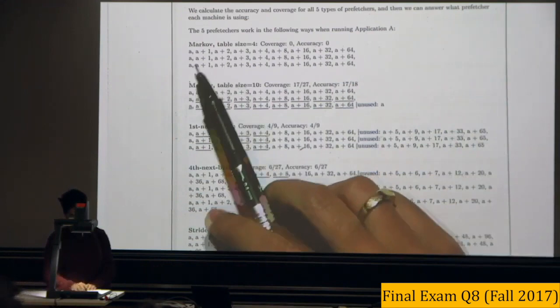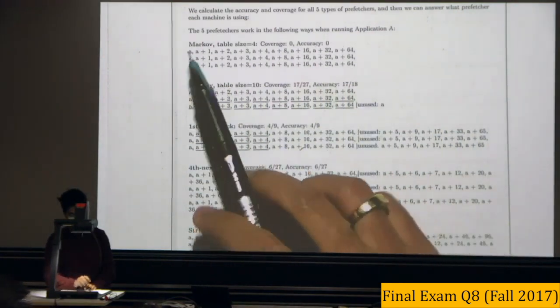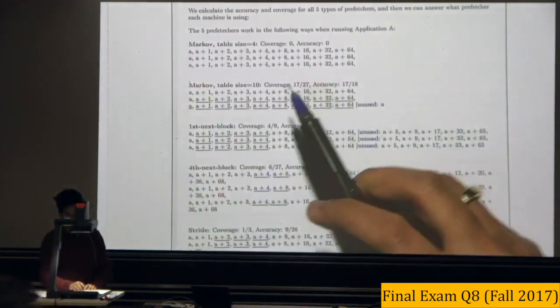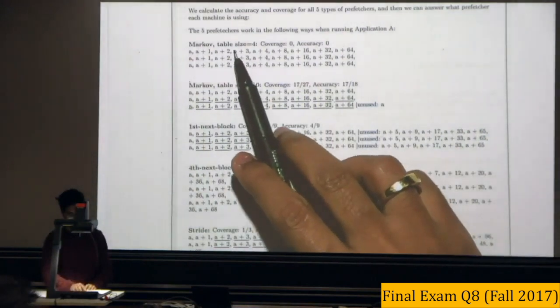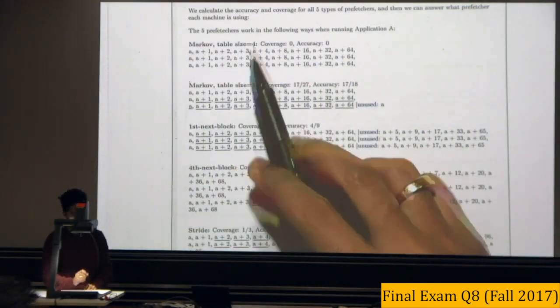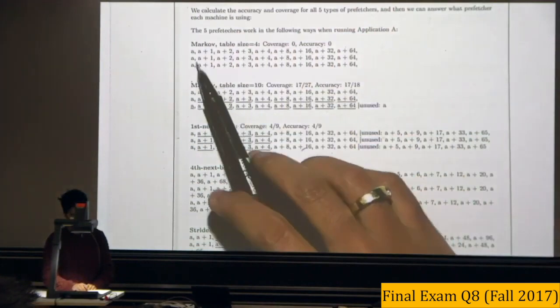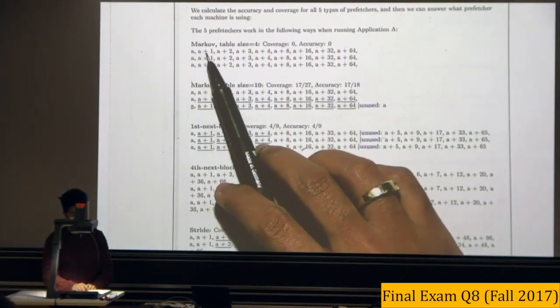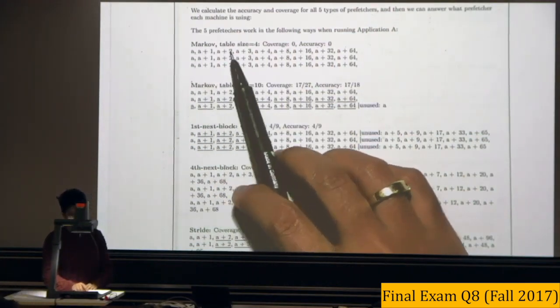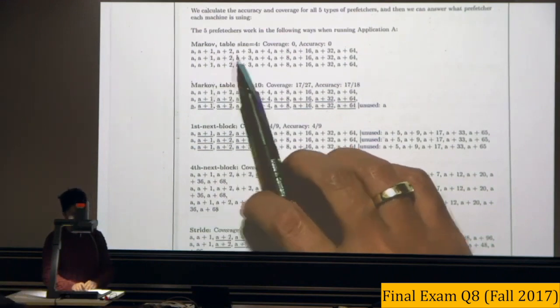So in the first case, we have these 27 accesses from program A. Now let's see, if our Markov prefetcher table has only 4 entries, that means it can learn, let's say, A followed by A plus 1, that's 1 entry. A plus 1 followed by A plus 2, that's another entry, and so on.